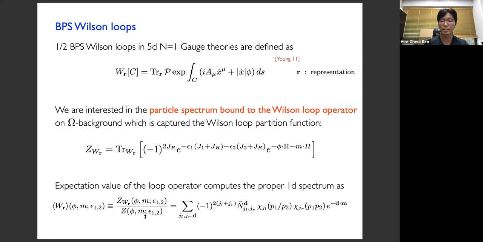This normalization removes all the bulk states which do not form any bound state with the Wilson loop operator. So we can say that this expectation value counts the genuine 1D spectrum. Therefore, this expectation value can be written as the sum of the 1D particle spectrum like this.